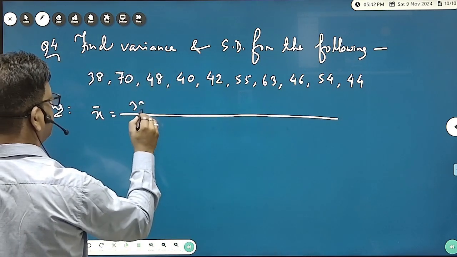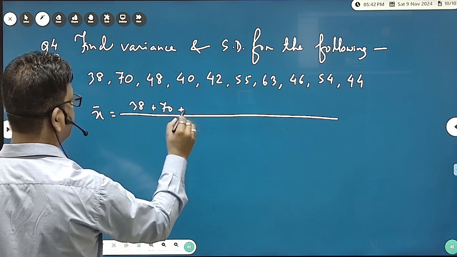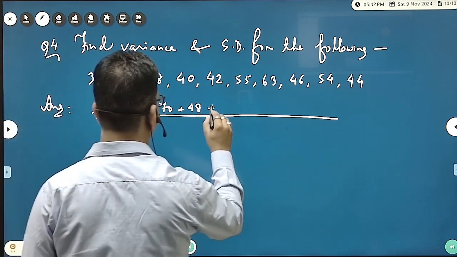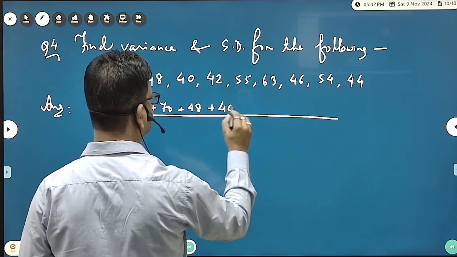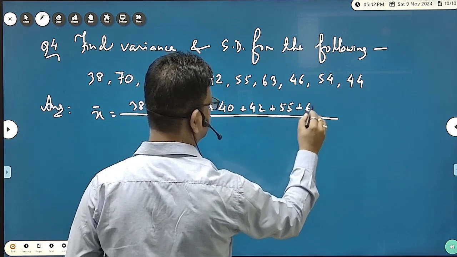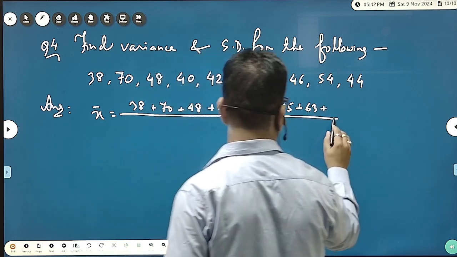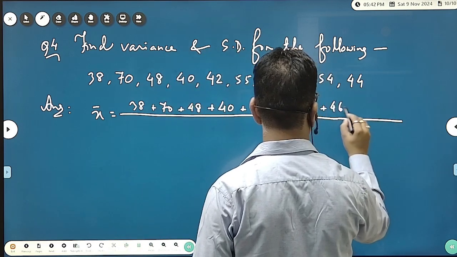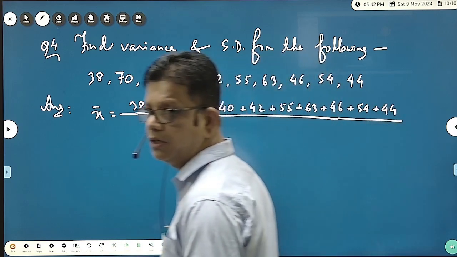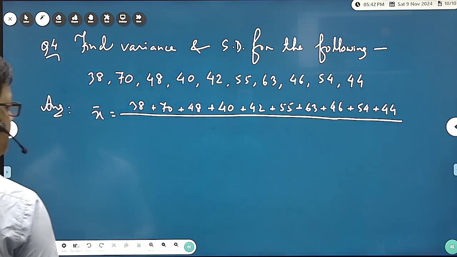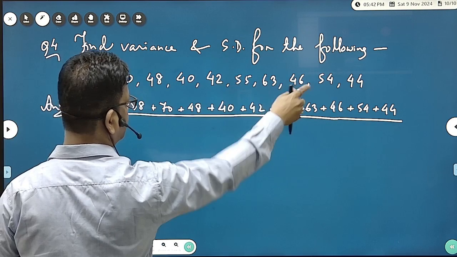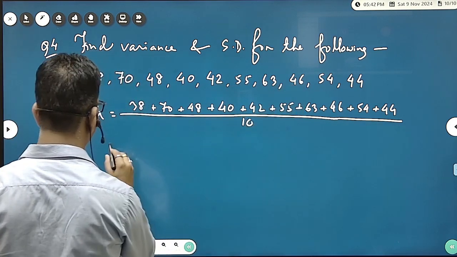So 38, 70, 48, 40 plus 42 plus 55 plus 63 plus 46 plus 54 plus 44. All the numbers are added, right? Divided by the number of observations. We have 1, 2, 3, 4, 5, 6, 7, 8, 9, 10. Please let me know.